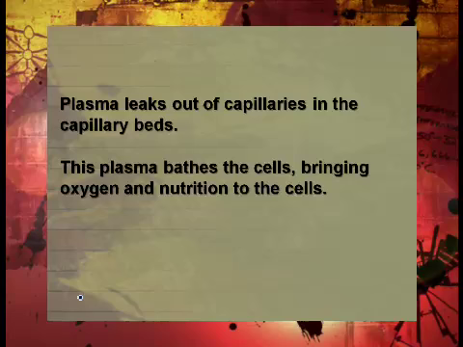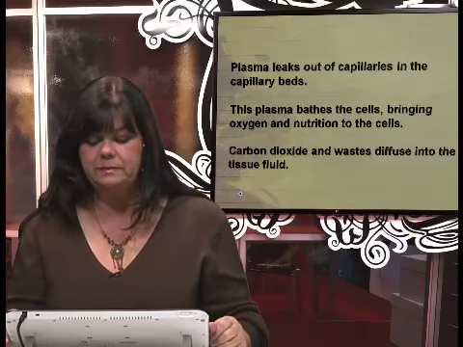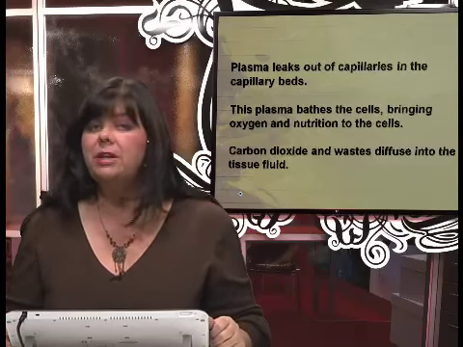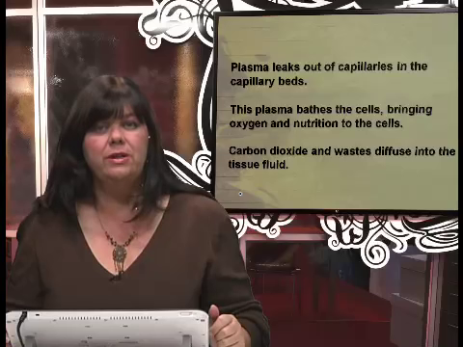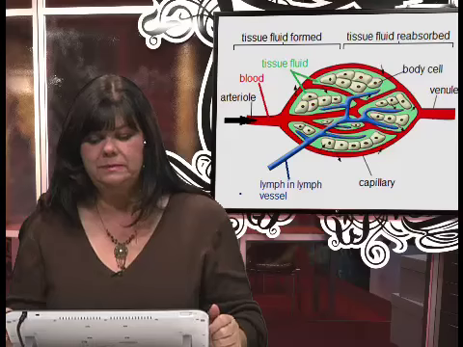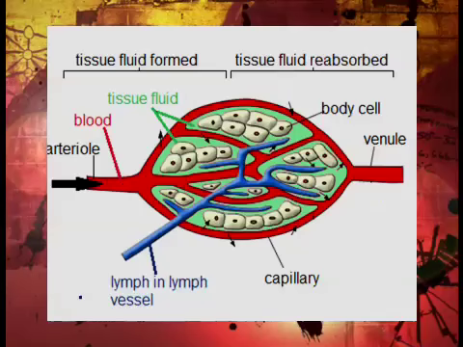This plasma is what takes the cells the nutrition in the form of glucose, amino acids, and it brings oxygen to the cells as well. Of course, the carbon dioxide and the nitrogenous wastes that the cells produce themselves is collected then into the tissue fluid from the cells. This picture very nicely and neatly summarizes what we've been talking about.